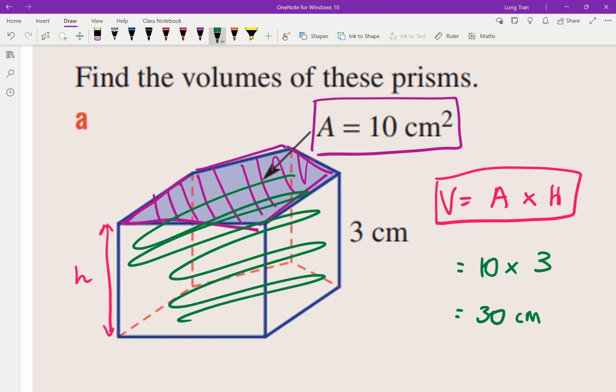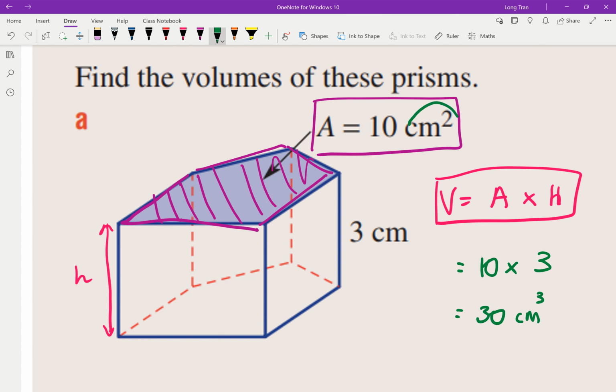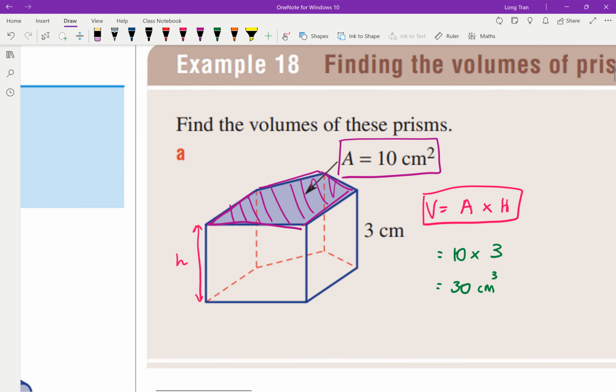Not squared? Cubed. So this is called cubic centimeters. So you would say I've got 30 cubic centimeters to imply that this is a volume and a 3D shape. On the top here, this is area, which is why it was squared: 10 squared centimeters. That's how you would do this type of problem.